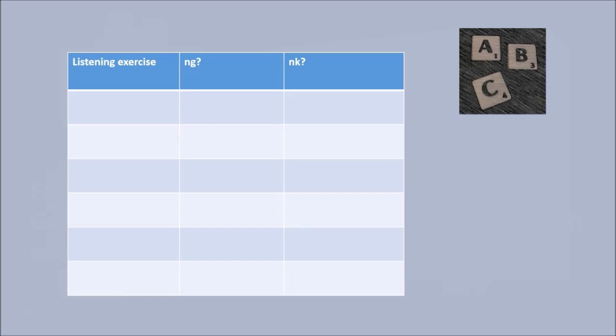Number 5, dünken. And the last one, düngen. As you've noticed, they're all very similar, the two words each time. This is what I read out to you.